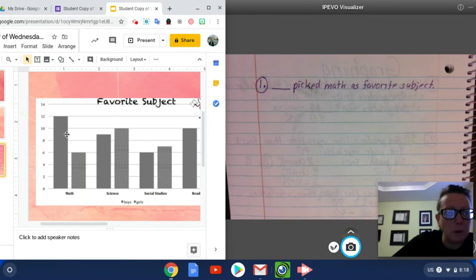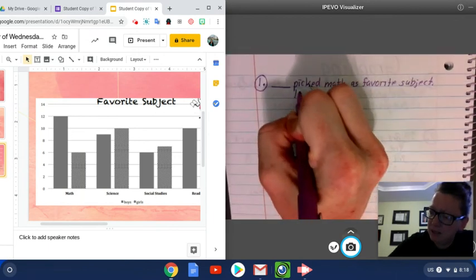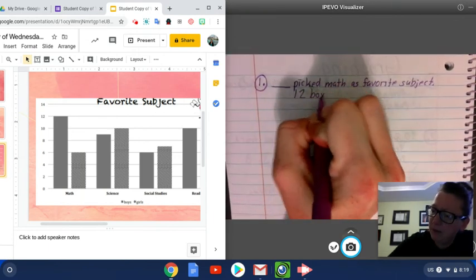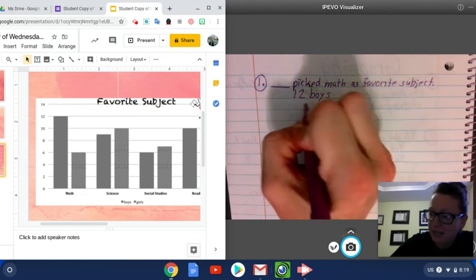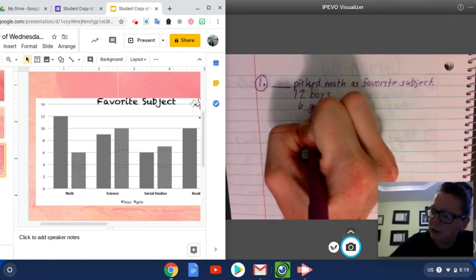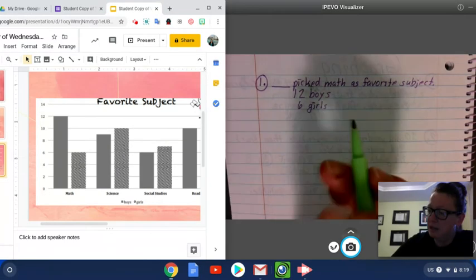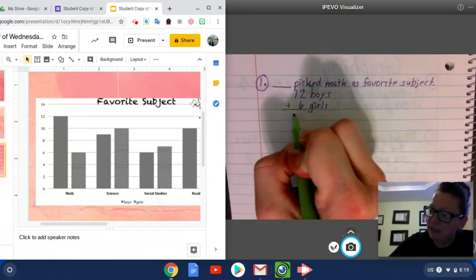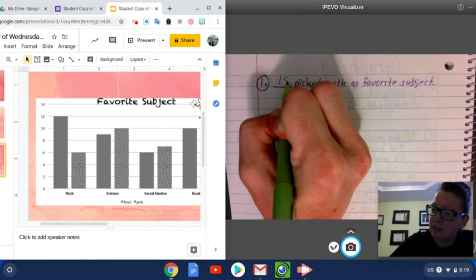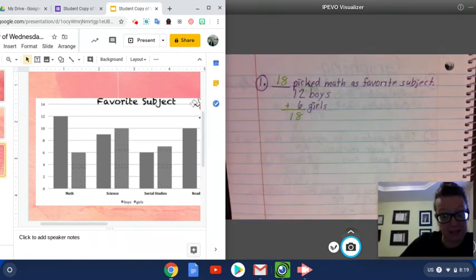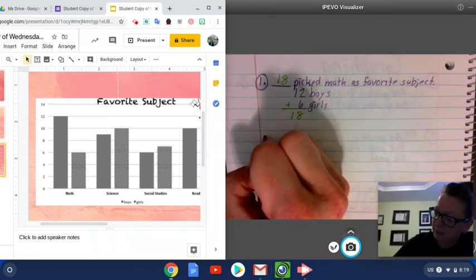So I know that 12 boys like math as their favorite, and 6 girls. I need to know how many total, so I need to add them together. So 18 students picked math as their favorite.